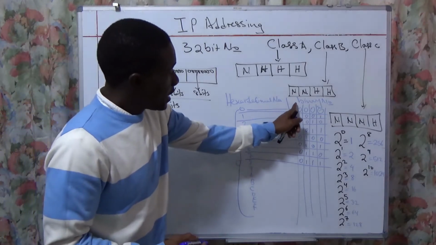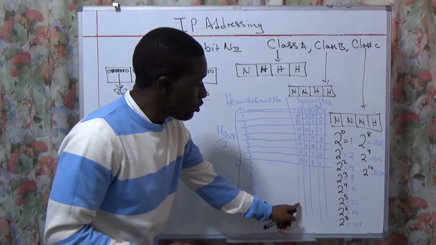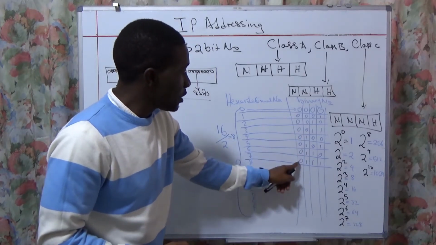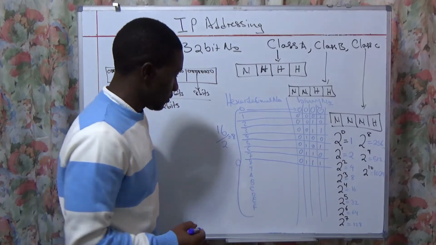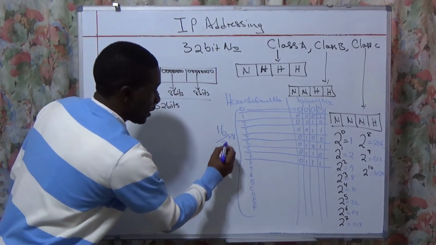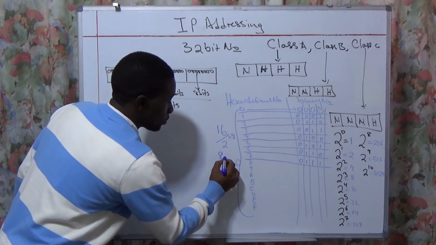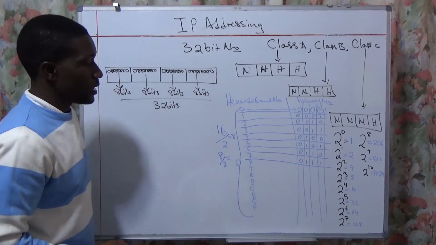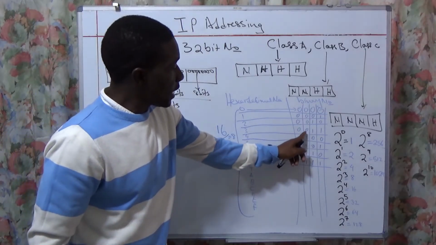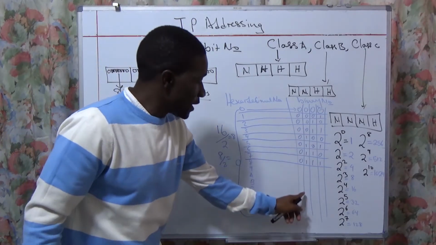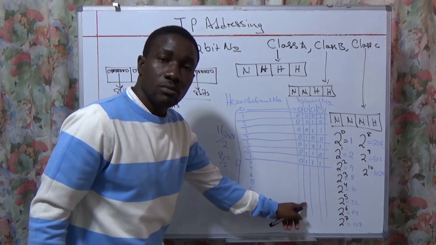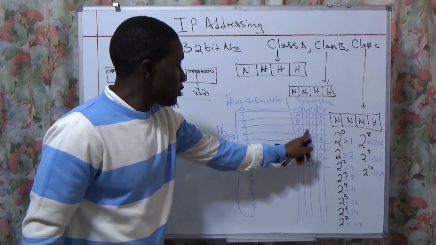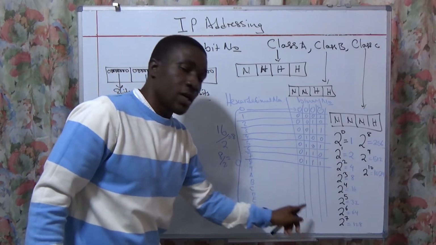That in the first vertical line, we shall have 8 zeros and 8 ones. What about 8 divided by 2? Is 4. That in the second vertical column, we shall have 4 zeros, 4 ones, 4 zeros, 4 ones.